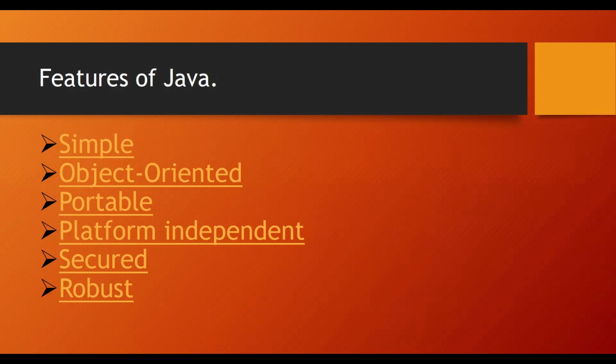Java has removed many complicated and rarely used features like explicit pointers, operator overloading, etc. And Java has one more feature, that is automatic garbage collection. We do not have to remove unreferenced objects manually. Java will automatically remove those unreferenced objects.